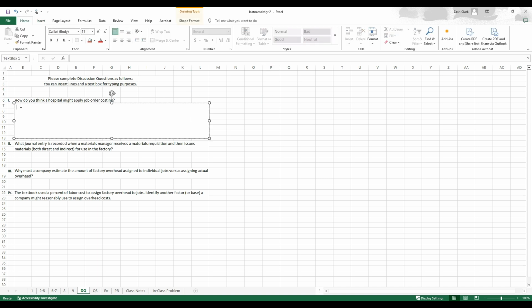Okay, so the question is, how do you think a hospital might apply job order costing? And I think the way that makes the most sense for this problem is to remember that job order costing is for customized jobs, if you will, basically, right? How do we apply the cost to a specific job?